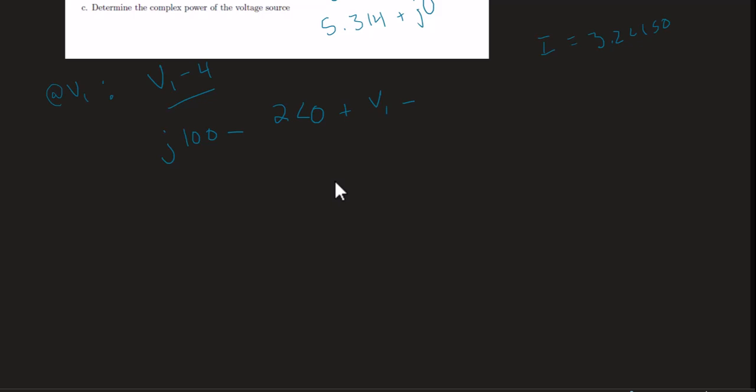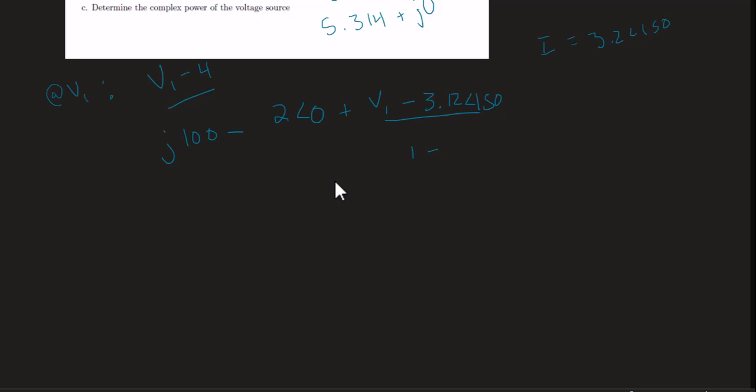V1 minus 3.2 angle 150 over 1 minus, now I need to figure out what that 2 microfarads is in phasors.